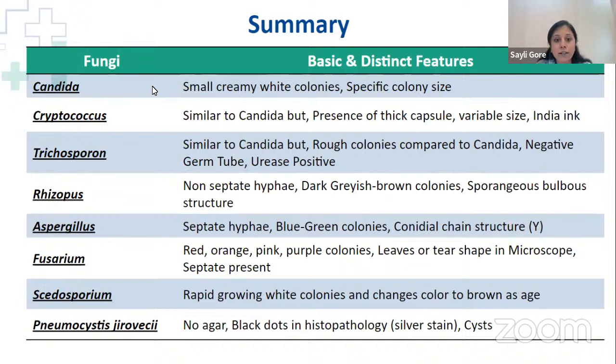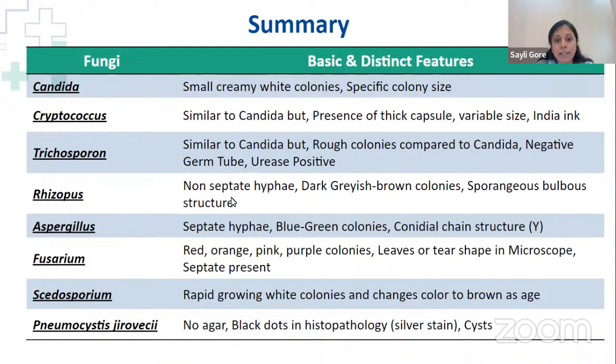Candida colonies are specific, but Cryptococcus colonies are variable in size. Cryptococcus is distinctly identified by India ink stain, and Trichosporon is urease positive, has slightly rougher colonies than Candida, and the germ tube test is negative.